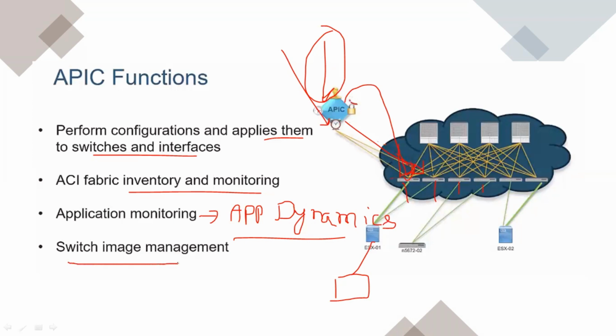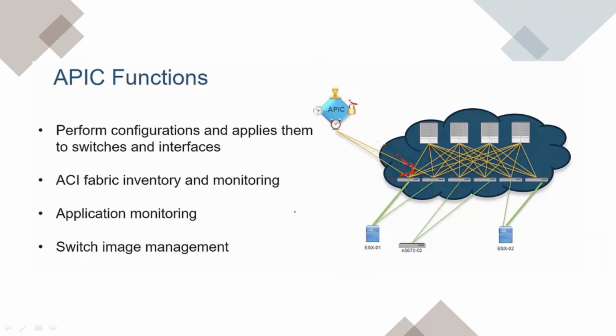Now switch image management. Meaning if you want to upgrade the switch from version X to Y, you don't need to log into each switch to do it. Just log into this APIC and do it, right? So all those things you will do from the APIC. The other thing is you don't need to upload the image to each switch. Let's suppose X to Y, you want to upgrade an image.